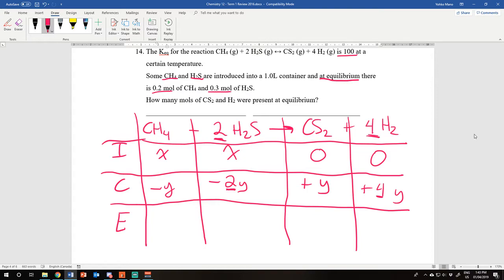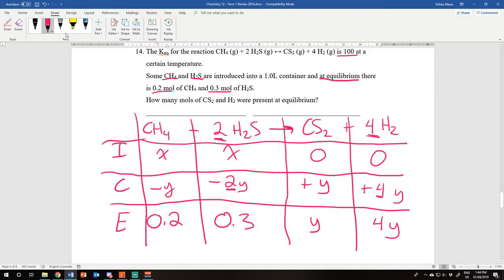At equilibrium, we now have the following. We know that we have 0.2 of that, 0.3 of this, y and 4y. Okay, so here is what we know.